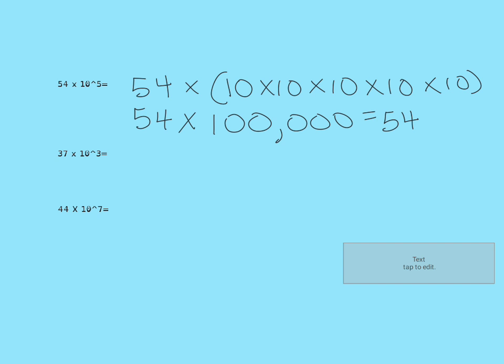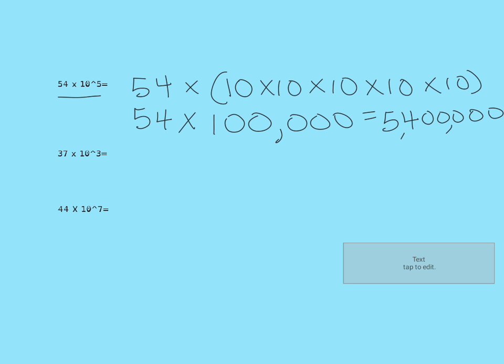Notice that I have 1, 2, 3, 4, 5 zeros. So I will put 1, 2, 3, 4, 5 zeros. So my answer is 5,400,000. So even though this number looks small, because we are multiplying by the powers of 10, it's actually a very big number.